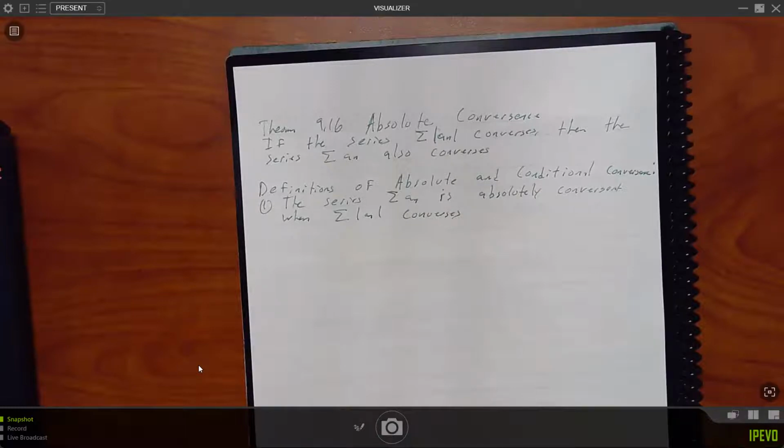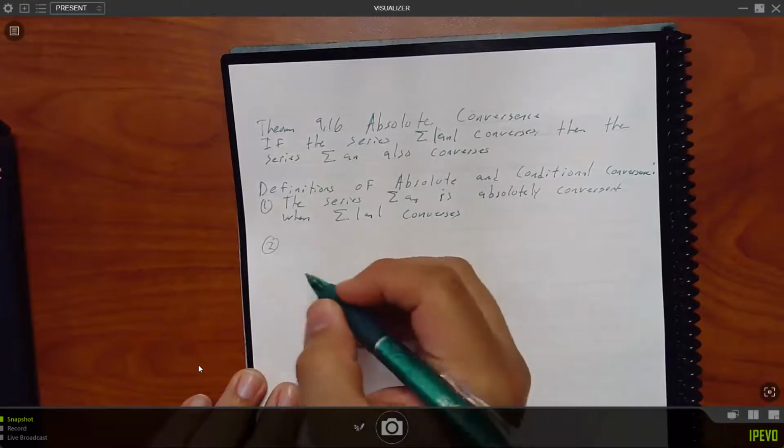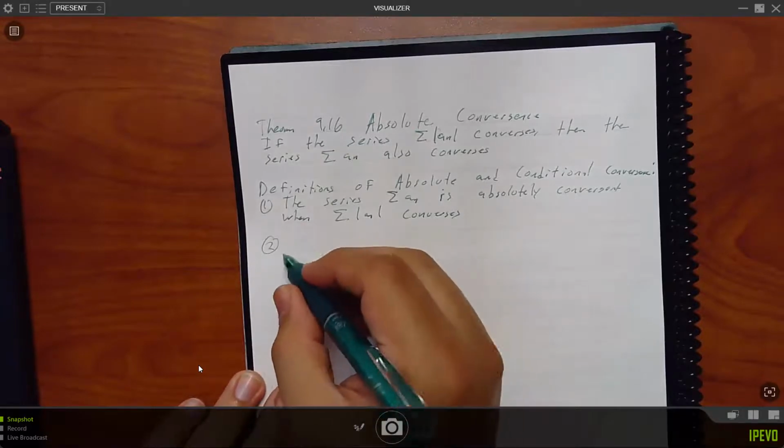Okay. Now, if it doesn't absolutely converge, then it could conditionally converge.